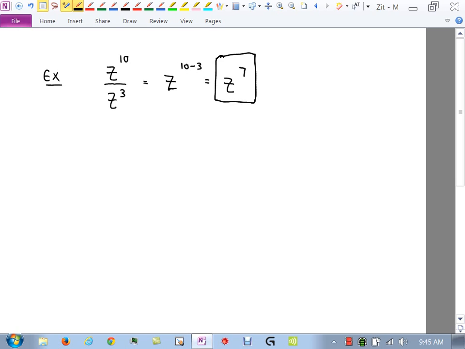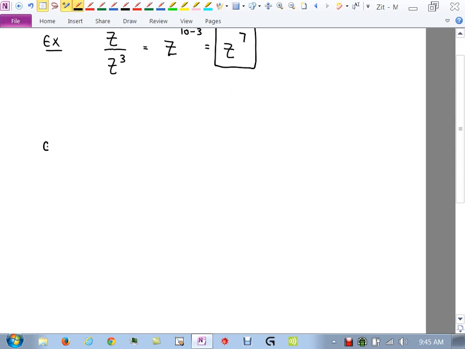Okay. Let's get into something a little more complicated. Let's try and combine some things together in the next example. How about x to the 7th, x to the 2nd over x to the 8th?